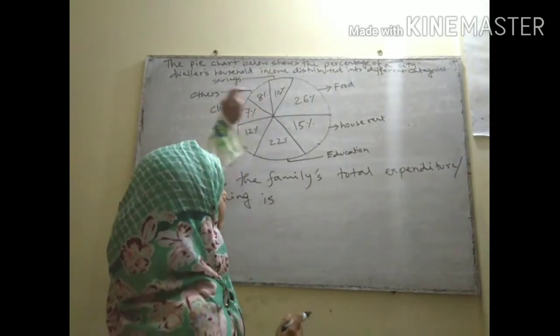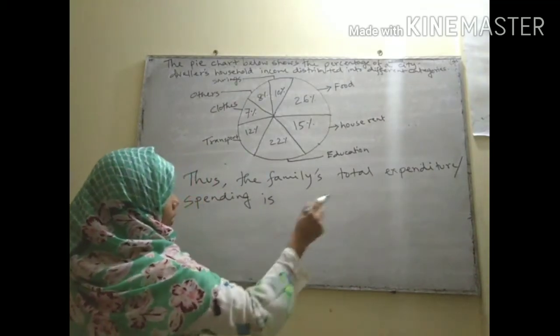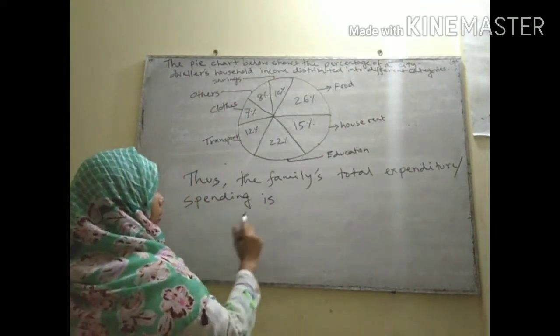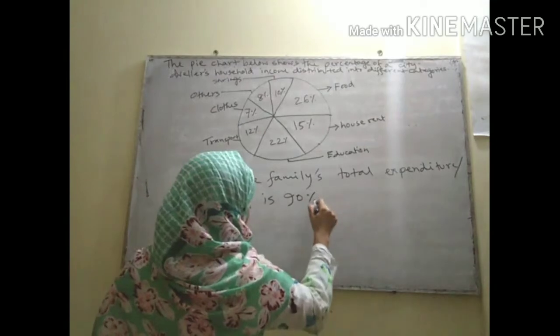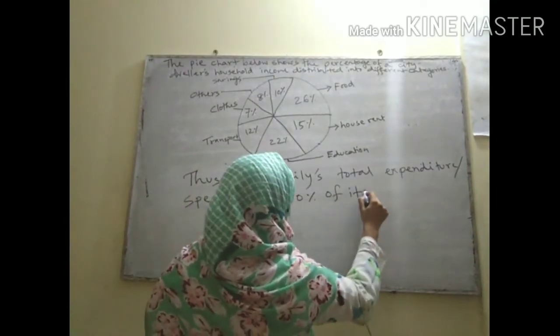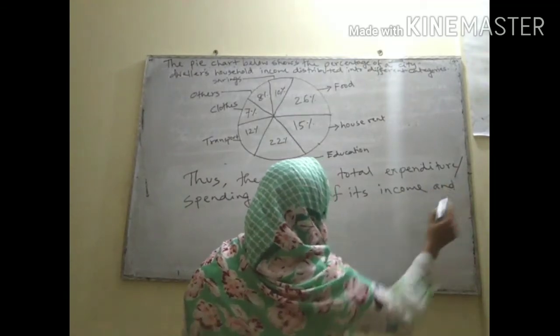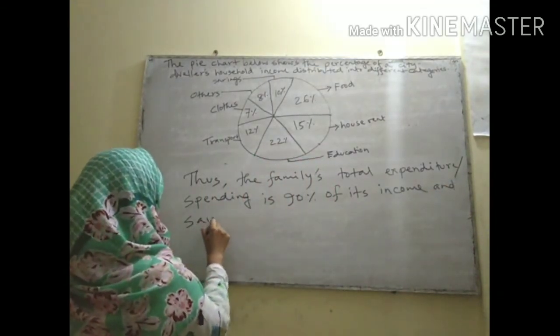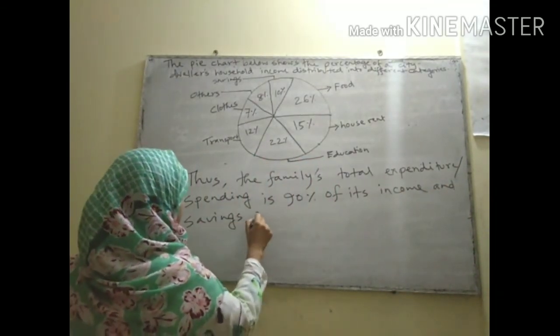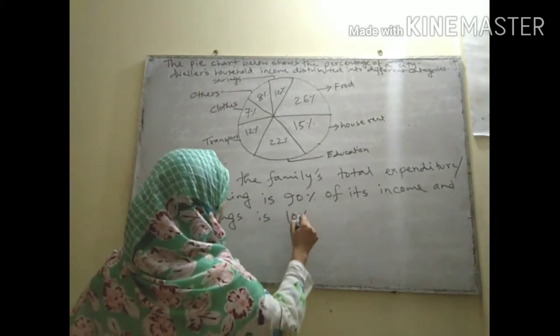Okay, savings is only 10%. So the family's total expenditure or spending is 90% of its income, and savings is 10%.